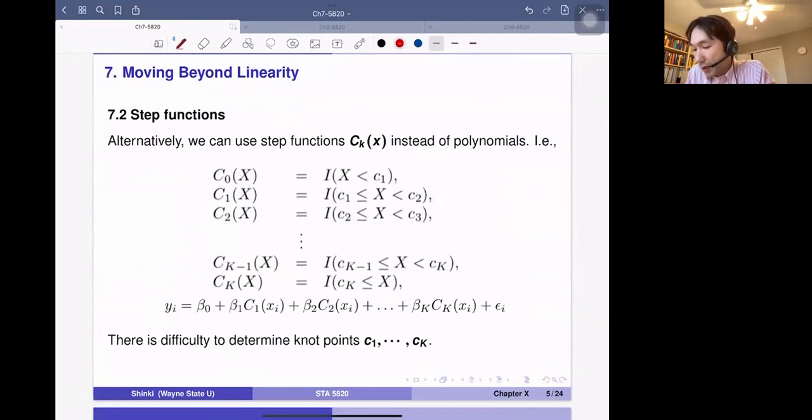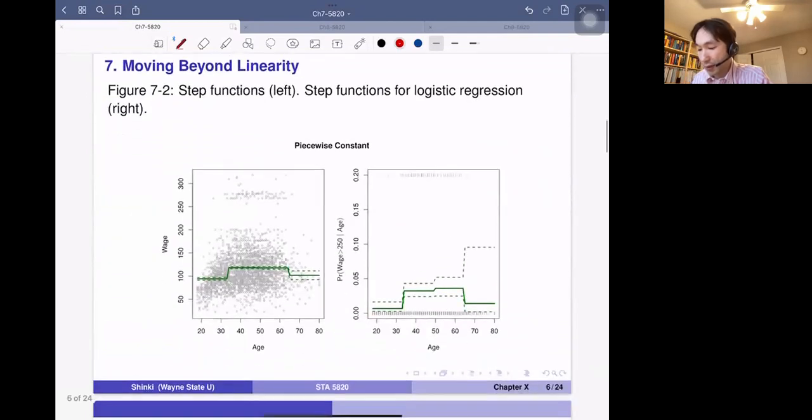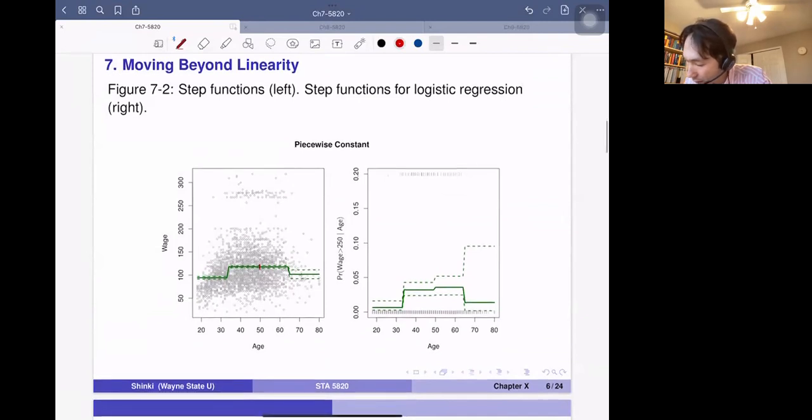Okay, so section 7.2, step functions. This is a totally different way to fit a complicated curve, and maybe an easier way to go. We just assume that the wage is constant on some specific interval, and then we estimate this for each interval. I think in this one we have 4 intervals: 1, 2, 3, 4.